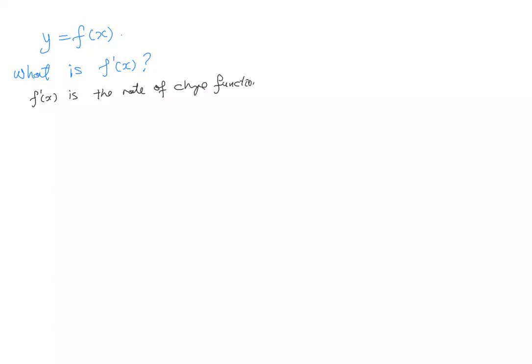Or f prime x is the gradient function. That means it enables you to find the gradient at any point. So we call it the gradient function. So if I have my y equal to f(x), so I have a point A here.